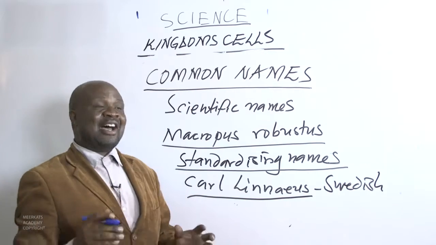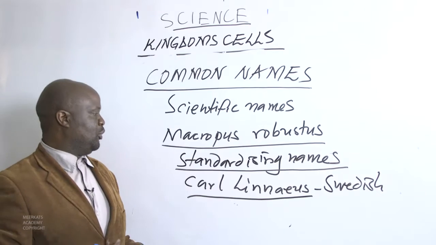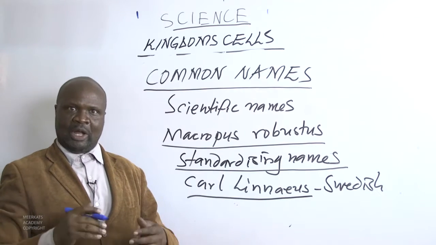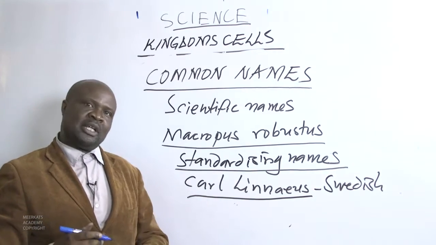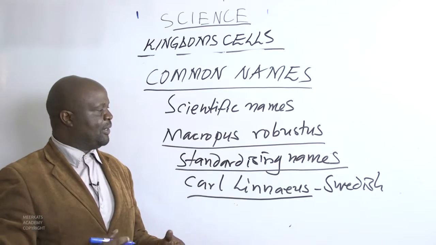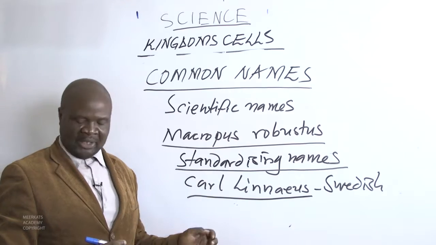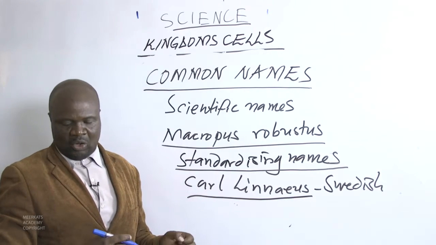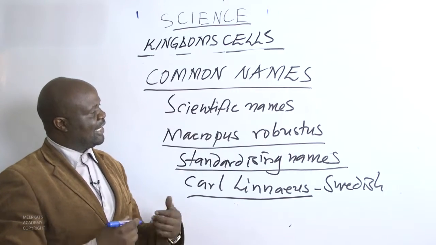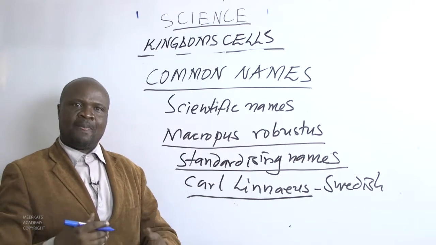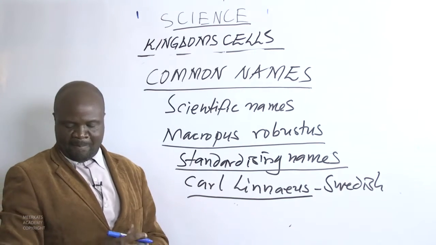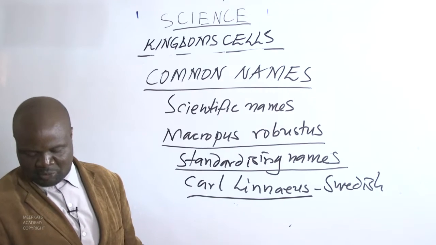He collected a number of plants, close to 1,000 plants that were unique and new. And he saw that if you decide to describe them, you can end up having very many words trying to describe a particular plant or a particular organism. So he came up with a standardizing name. He came up with a formula that we can use to simplify the way you give names to these animals.